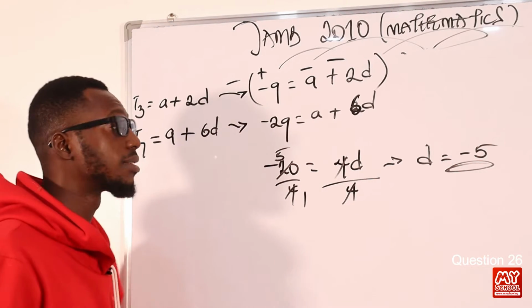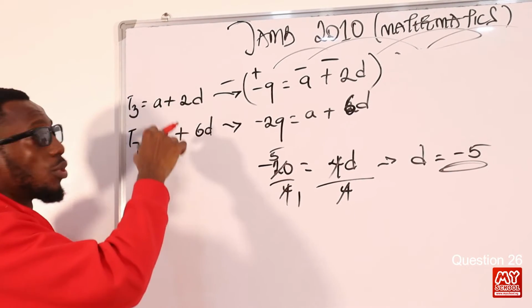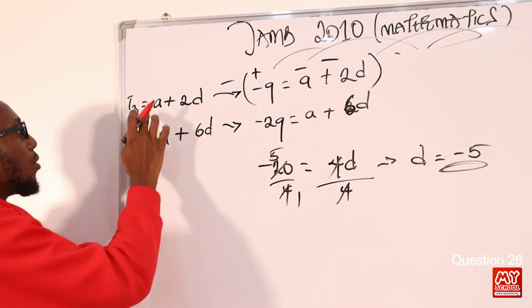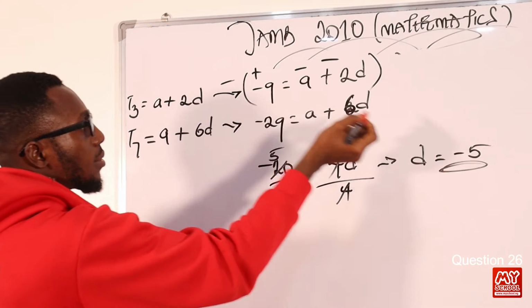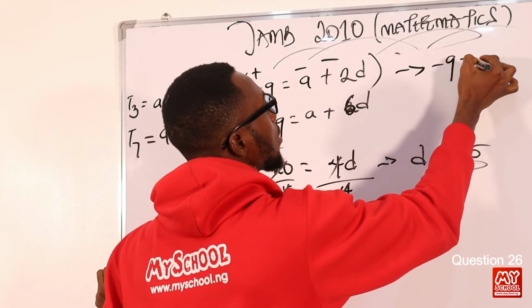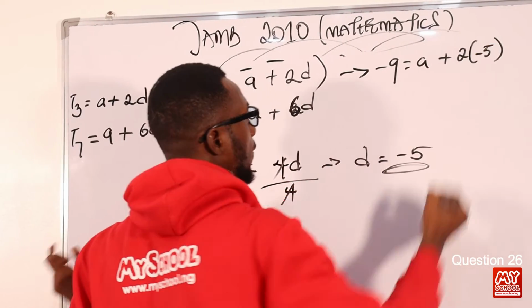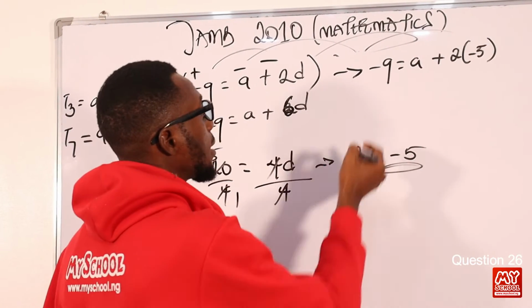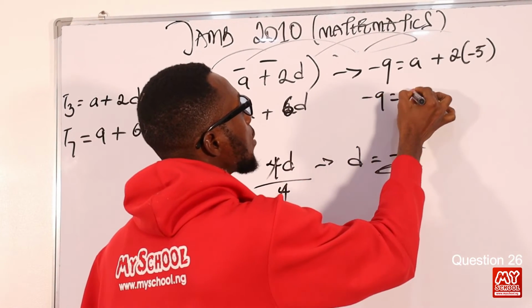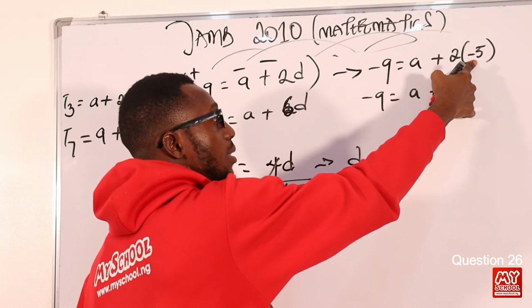So I've gotten my common difference as -5. I can actually put it in the end of this equation to get my first term. So that means I can put it into this. So that means -9 equals A plus 2 into brackets -5, right? So that is -9 equals A plus 2 times -5, that is -10.